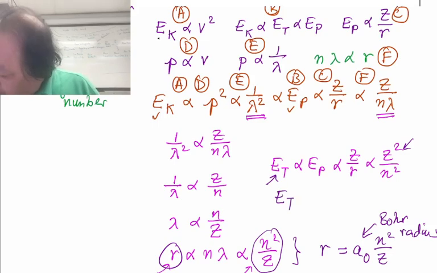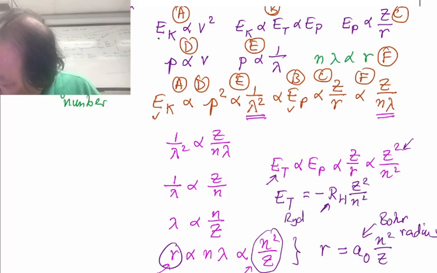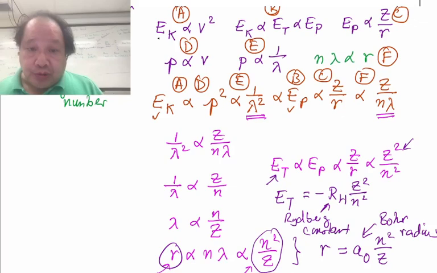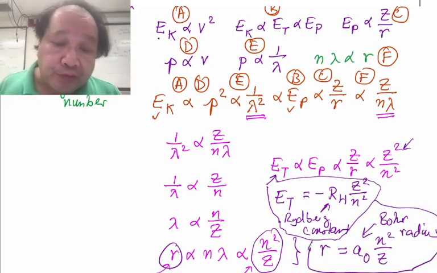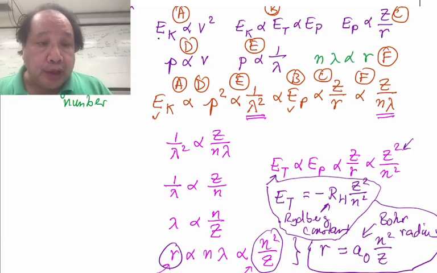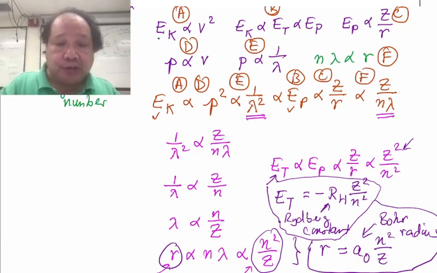ET will be equal to a proportionality constant, which is minus RH, z squared over n squared, where RH is the Rydberg constant. And these two equations, the one for the total energy and the one for the size of the radius, are the equations of the Bohr model. And we're going to practice this derivation tomorrow.